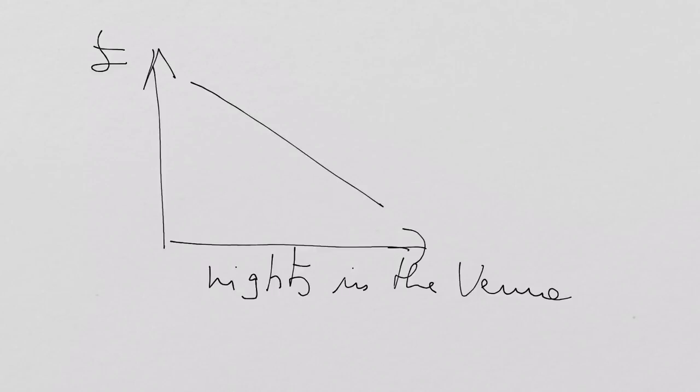And because the line goes down, this is called a negative correlation. The more I spend, the more nights I am in the venue, the less money I have. Negative correlation. Pretty easy to understand. We do that all the time.